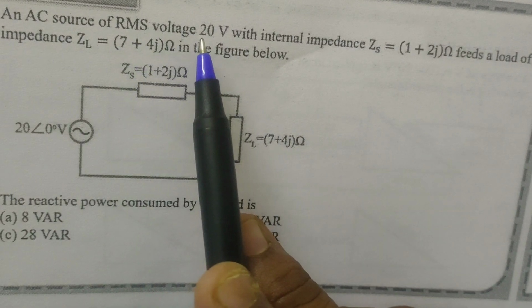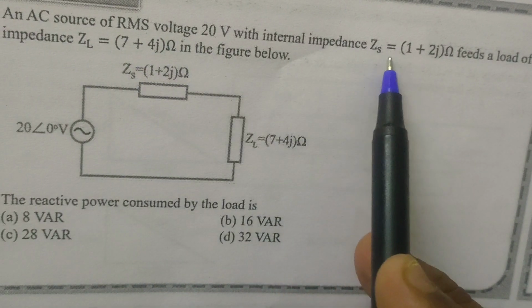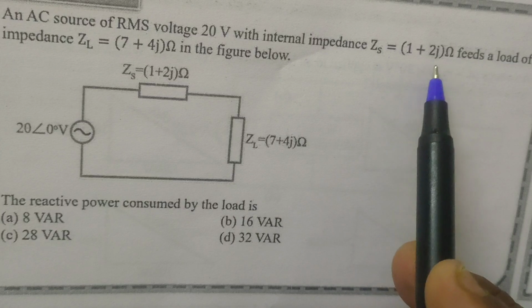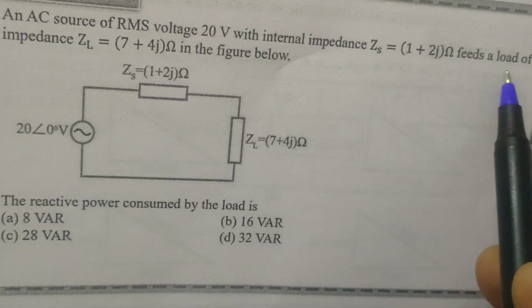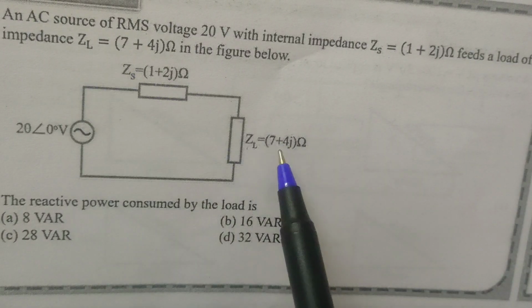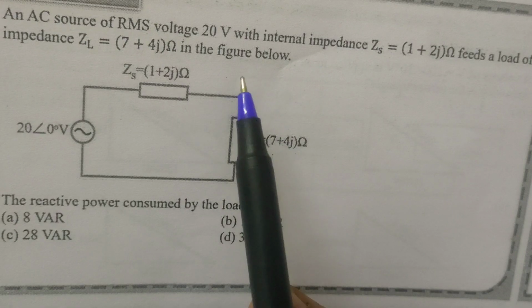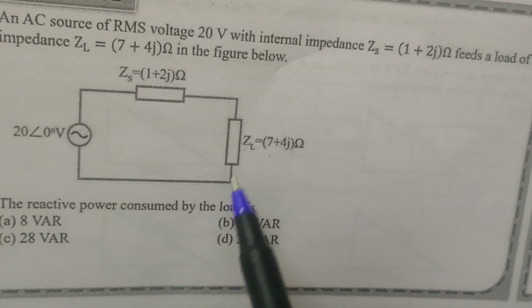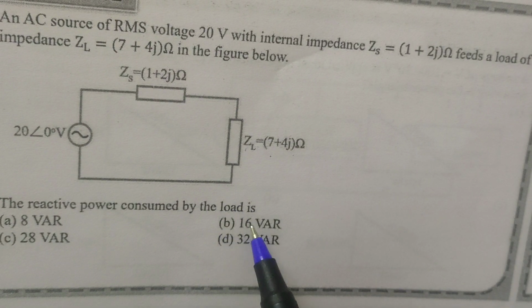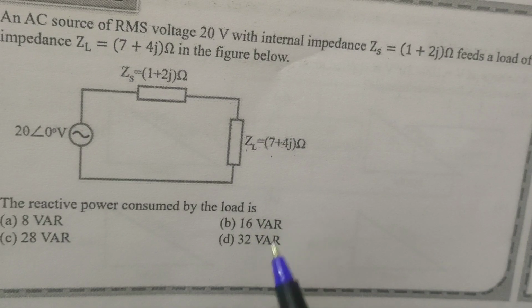This question: he has given the RMS source voltage and internal impedance of 1 plus 2j ohms, which feeds a load of impedance 7 plus 4j, as in the figure below. He is asking for the reactive power consumed by the load.